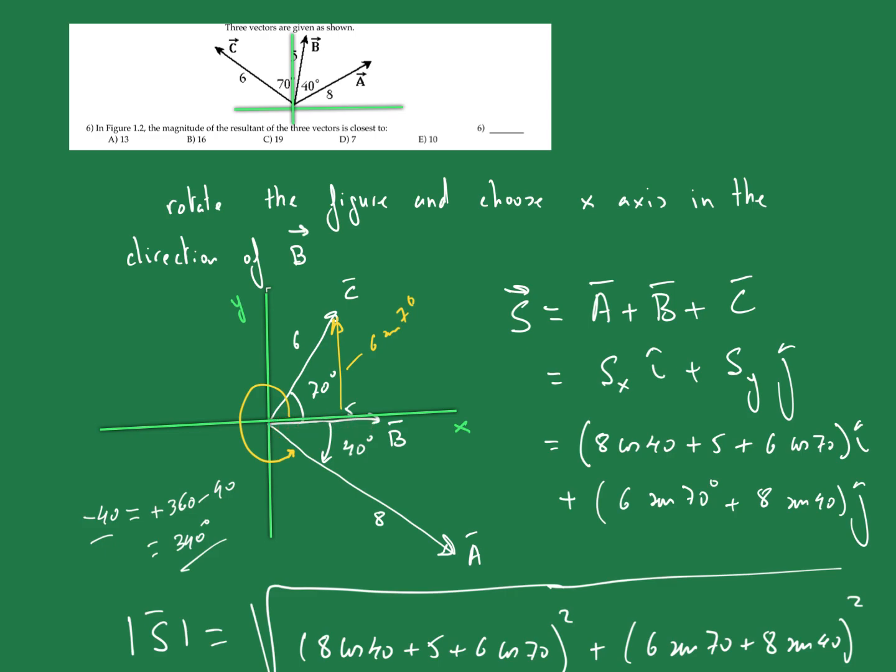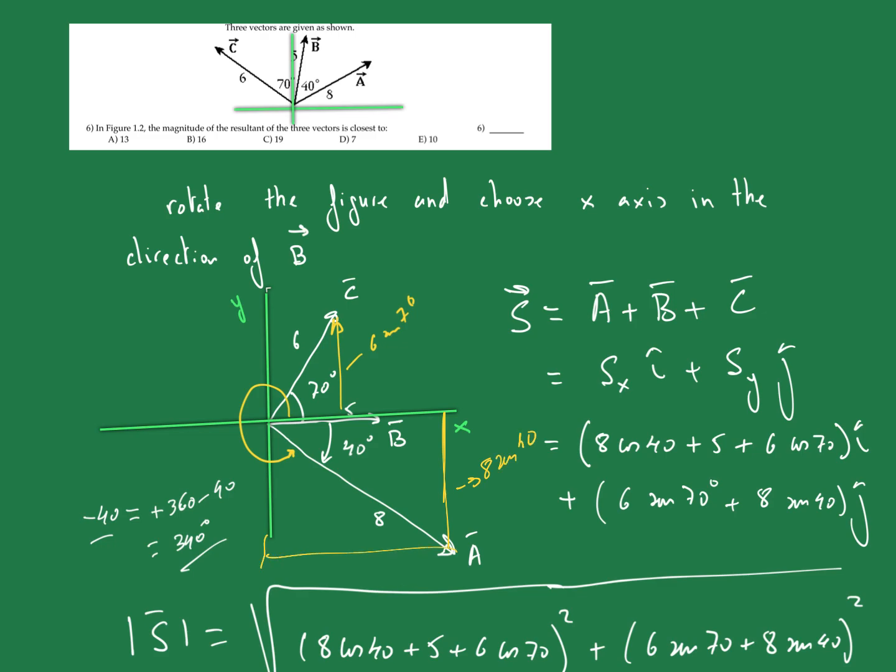So I will not take care of the Y direction for B, but I will take care of the C that has 6. But the total amount on the Y direction is not 6, it is 6 sine of 70. And the total amount on the Y direction due to the vector A is 8, this part, 8 sine of 40.